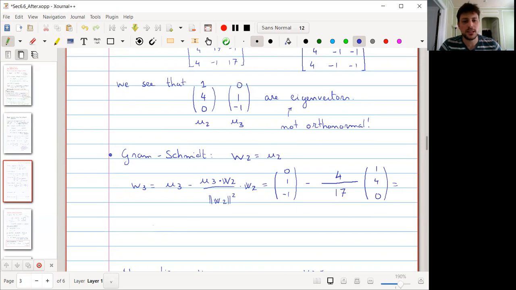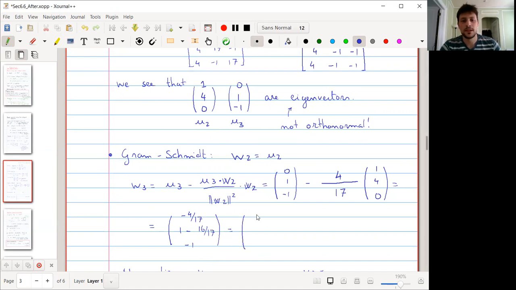So when I compute that, let's see what's up here. That's a minus 4 over 17. Then I have 1 minus 16 over 17 and negative 1 over here.